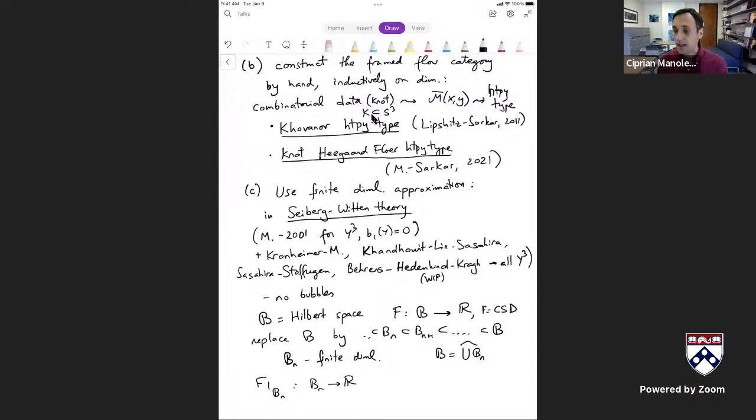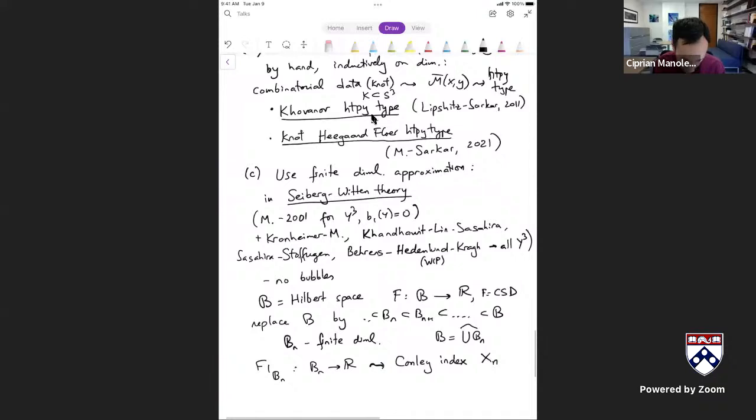Right, and then you are on a non-compact space, and that's why I started the talk by discussing Morse homology on a non-compact space. There we know that the Morse homology you get is the homology of something, and that something is the Conley index. So if we want a Floer homotopy type, instead of taking the homology, we will just take the Conley index itself. So we take some Conley index associated to B_n, and then the sequence of spaces gives you a spectrum X_n. This is the Seiberg-Witten Floer stable homotopy type.